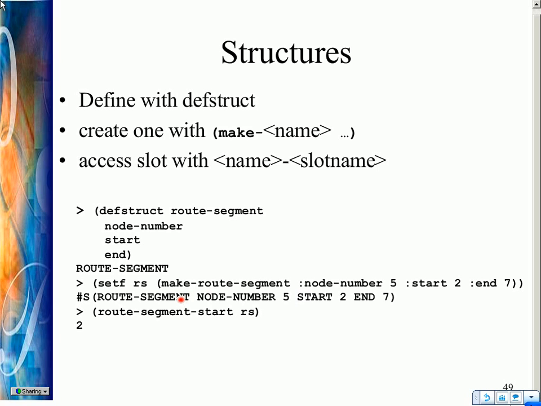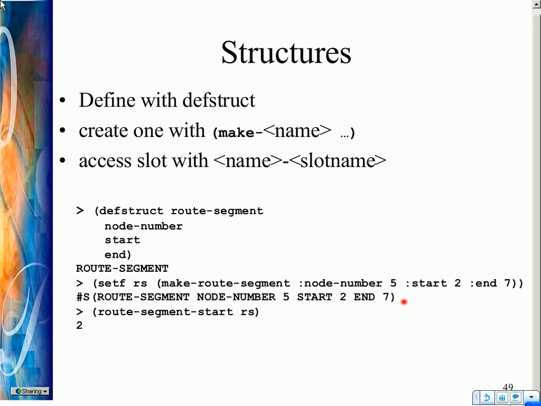That's the maker function which has been automatically defined. It comes with keyword arguments for each of the slots. By default, the keyword arguments are named by the slot name. So here we are specifying node number and giving it 5, start 2, end 7.